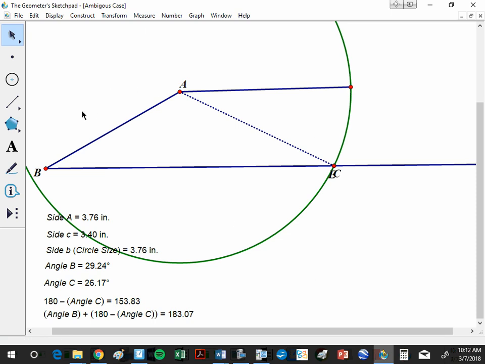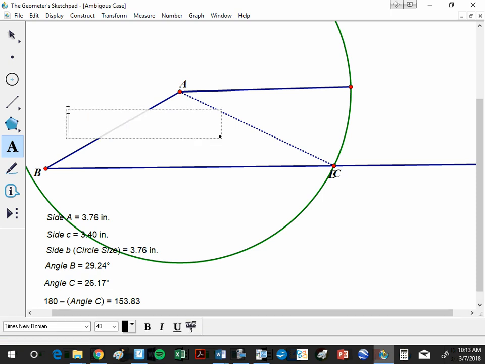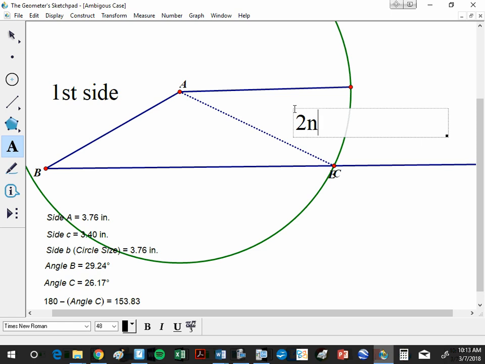Okay, so if I call this side A. Oh, I have to actually, let's do, oh, I am a failure face. And then over here we have second side.